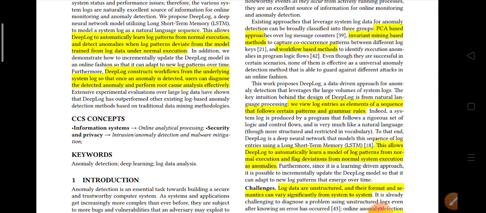PCA is a dimensionality reduction method. From a huge file or huge data, it reduces the dimensions and represents the input data in small feature vectors.